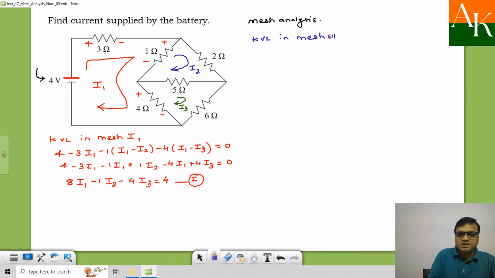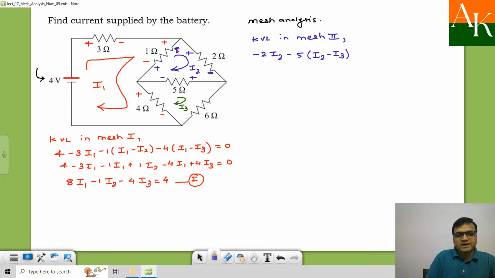Similarly, the second equation you will get by applying KVL in mesh 2. Before that, you have to assign the signs for the voltages across the resistances. I have mentioned the signs according to the direction of I2. I am starting at this point, so I will have minus 2 times I2, minus 5 times (I2 minus I3), because I am moving towards left through 5 ohm, and the net leftward current is I2 minus I3.